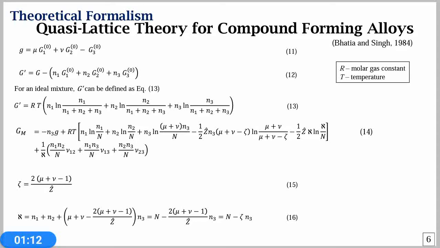GM, equation 14, is applied by fitting four interaction parameters, that is G, mu12, mu13, and mu23.